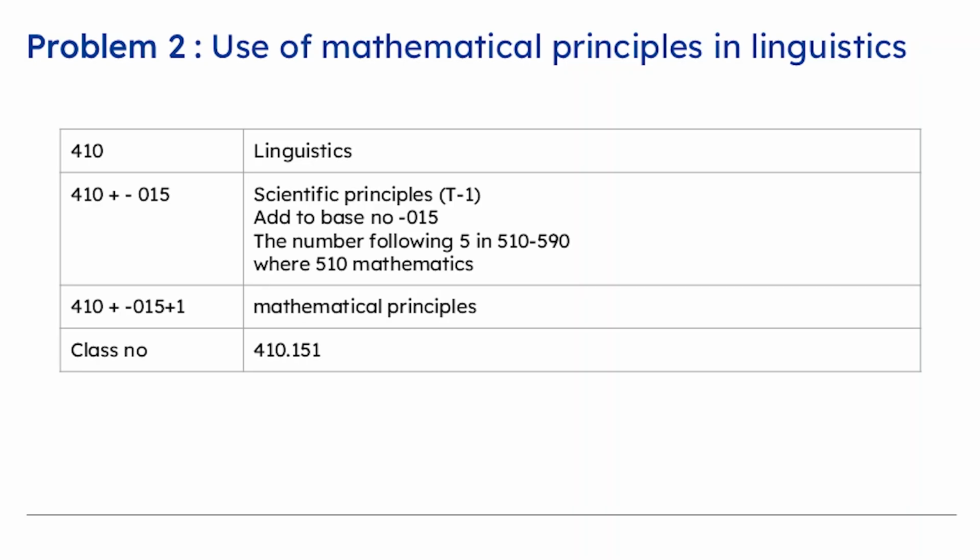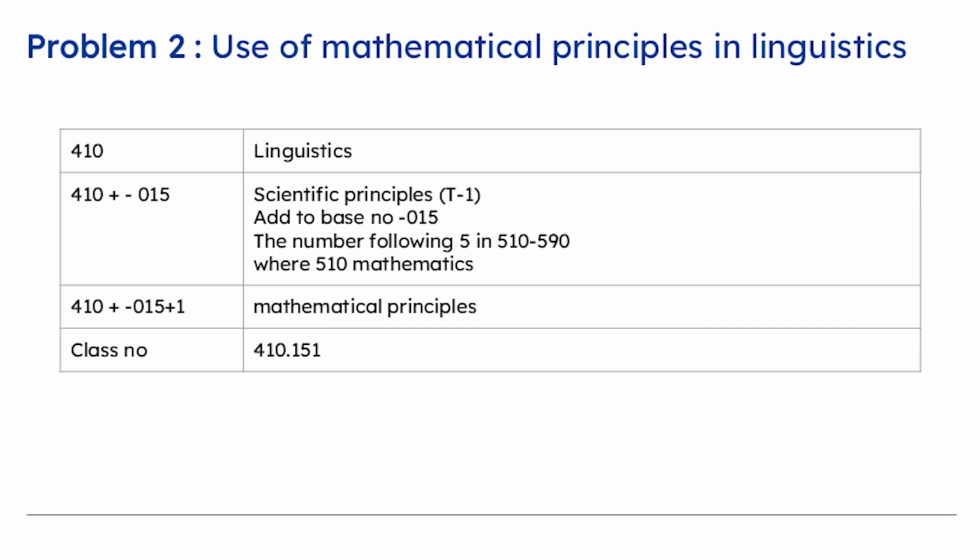See, scientific principles. That means if a subject is discussed where a particular type of mathematical principles, or simply mathematical principles, or scientific ideas have been used, then this notation is to be added to represent the class number.